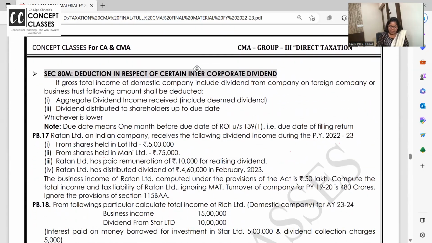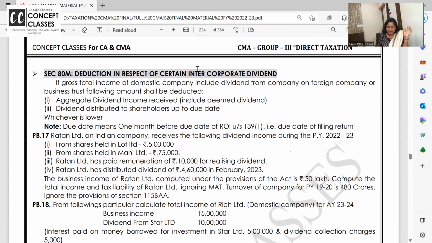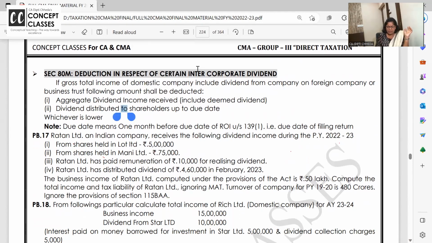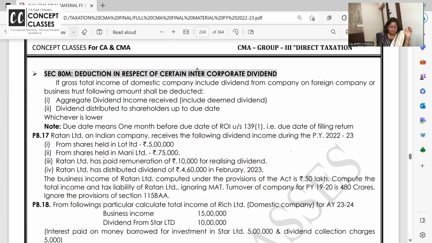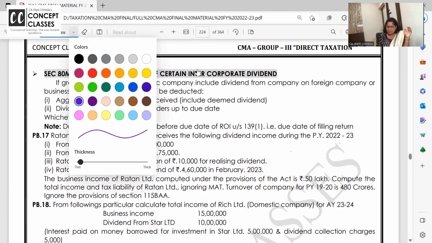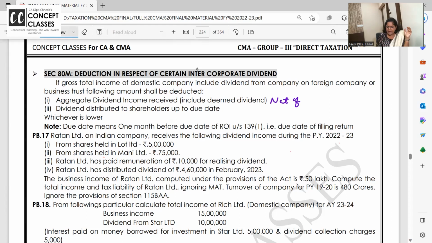Section 80M. If gross total income of a domestic company includes dividend from a company, foreign company, business trust, mutual fund, Axis Bank, from anywhere, if you have received the dividend, including deemed dividend, then add it, net of interest paid.